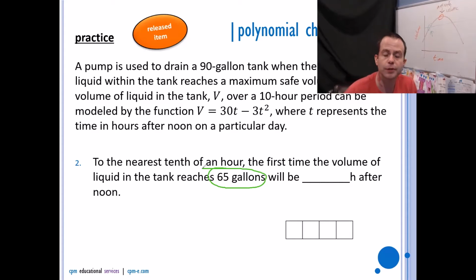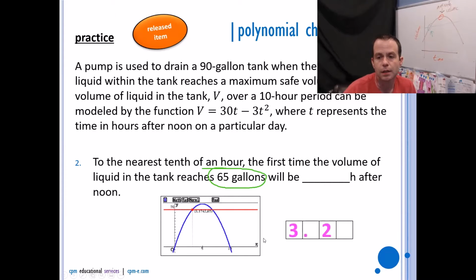Either way, whether you're Casio or TI, you should arrive at 3.2 when rounded to the nearest tenth of an hour. Okay, so 3.2 hours. You can see there, I posted on my screenshot, it was actually 3.1742. Okay, but when rounded to the nearest tenth, that would be 3.2 hours.